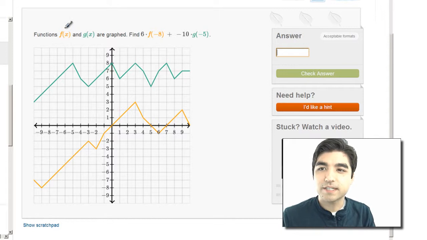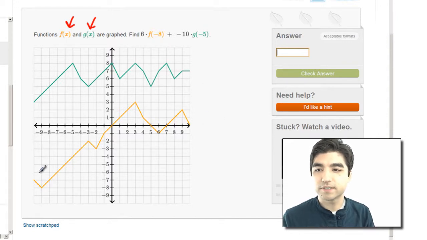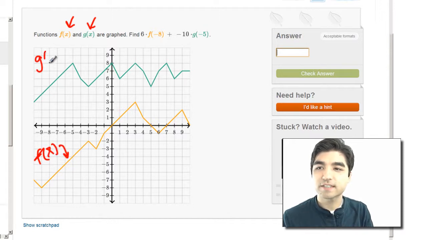So anyway, if we look at this, we see two functions here. We got f of x, and that's the gold line, and we got g of x, which is the green line. And maybe I'll label it for you. So this one is f of x, and this green line is the g of x.